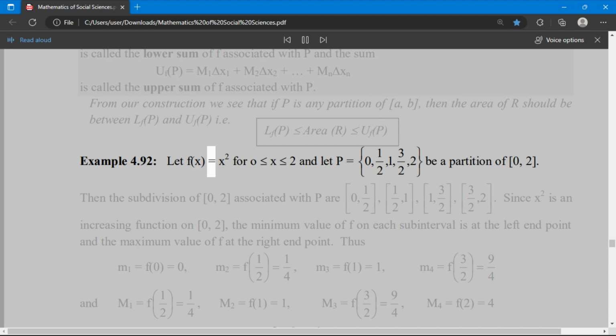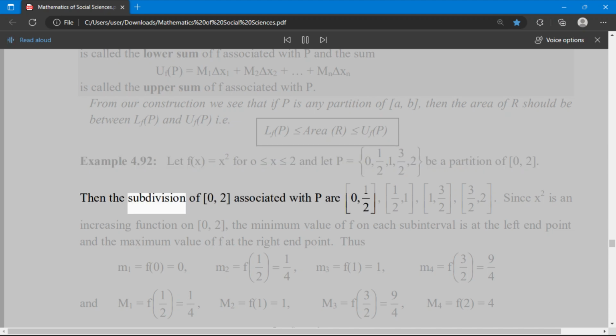Example 4.92. Let f(x) = x² for 0 ≤ x ≤ 2 and let P = {0, 1/2, 1, 3/2, 2} be a partition of [0, 2].